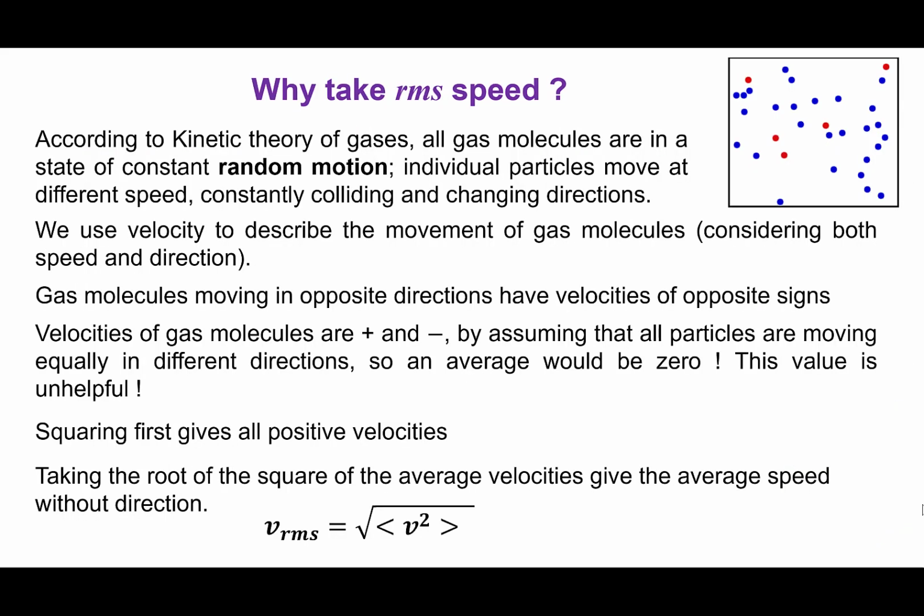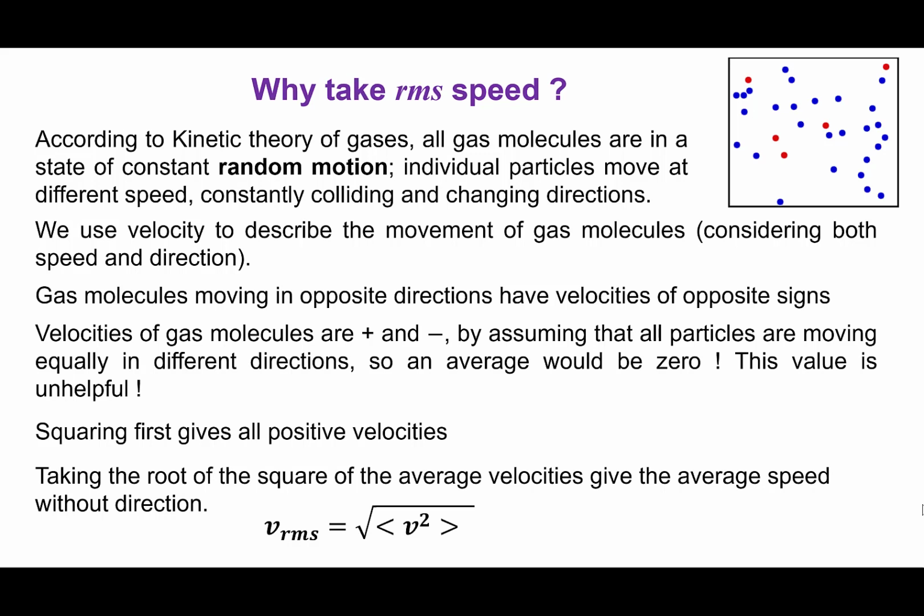According to the kinetic theory of gases, all gas molecules are in a state of constant random motion. Individual particles move at different speeds, constantly colliding and changing direction. We use velocity to describe the movement of the gas molecules, and we consider both speed and direction.